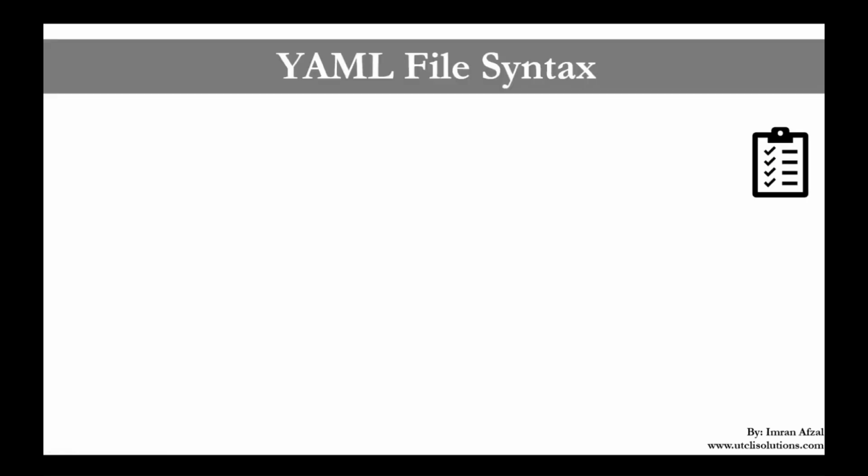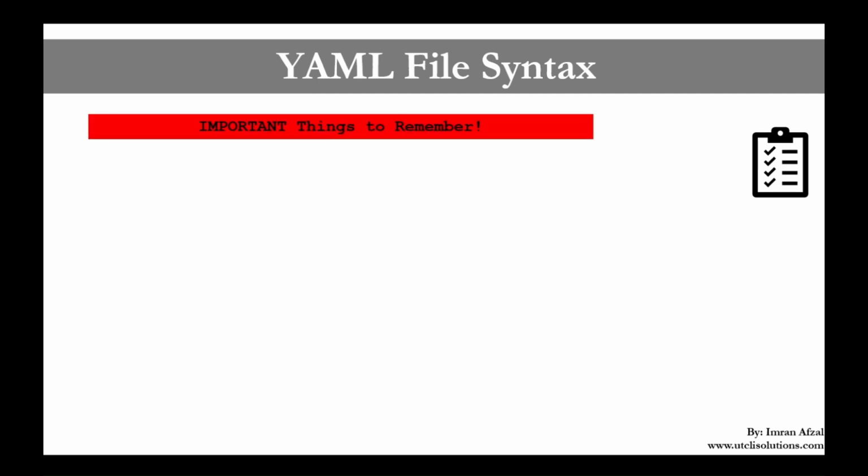At this point, we all know that playbooks in Ansible are written in YAML format. In this video, there are a few important things to remember when we are writing our playbooks in YAML and the syntax that we should follow when creating YAML files.